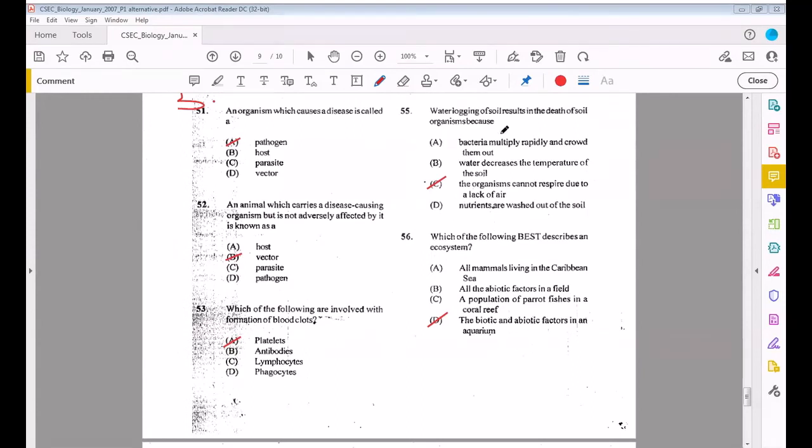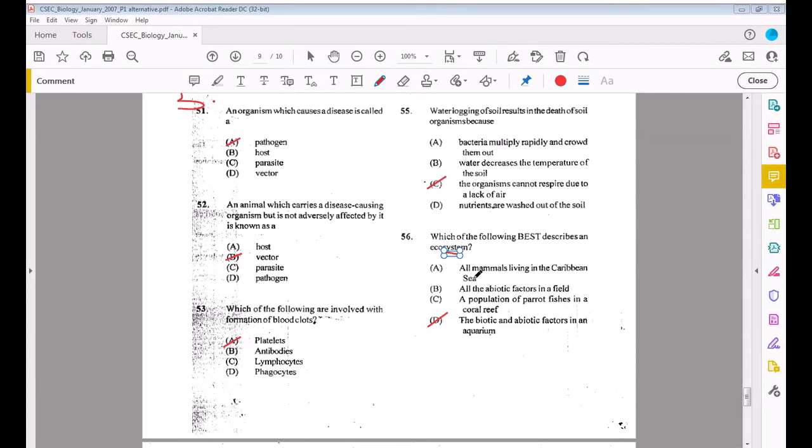55. Waterlogging of soil results in the death of organisms because C, the organisms cannot respire due to the lack of air. 56. Which of the following best describes an ecosystem? D. The abiotic and biotic factors in an aquarium. So remember, an ecosystem isn't just all of the biotic factors, it is both biotic and abiotic factors.